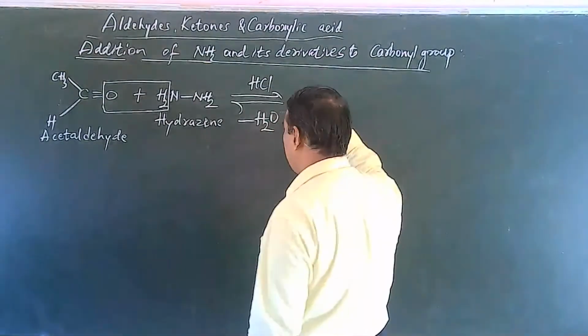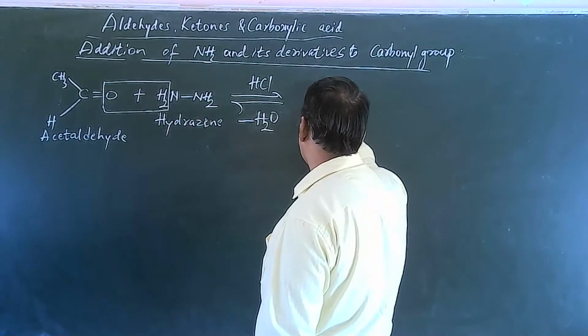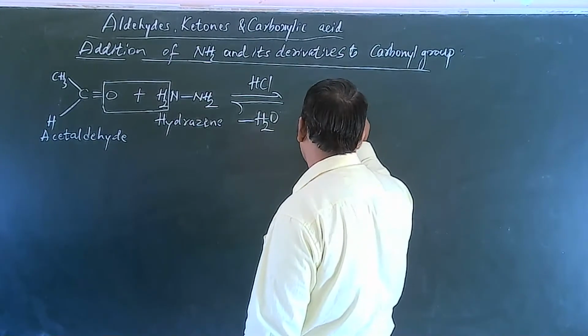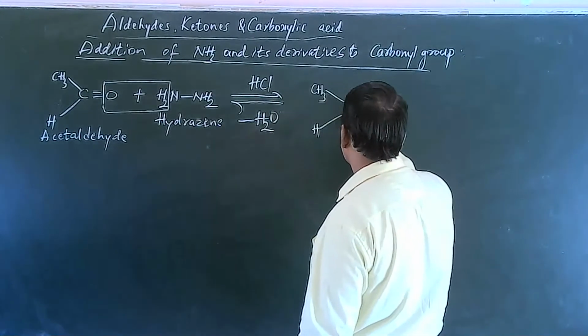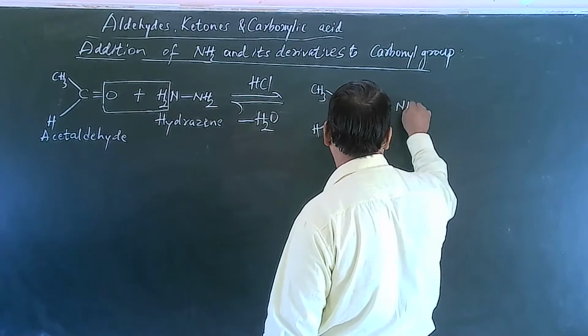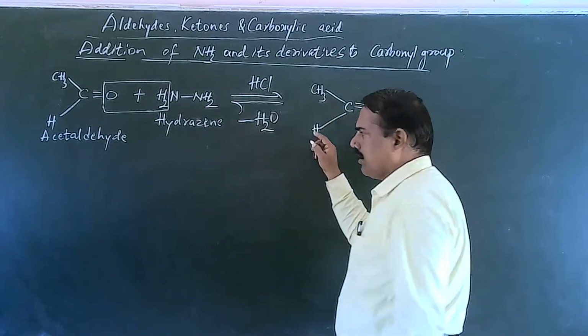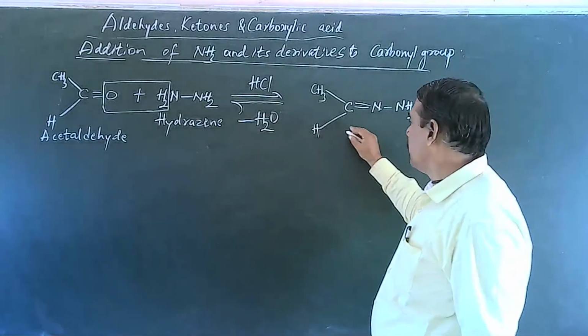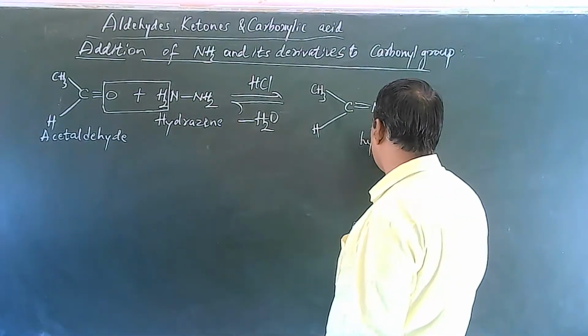So we will get hydrazone. See, acetaldehyde hydrazone, CH3 CH double bond N NH2. This is the hydrazone formed here.